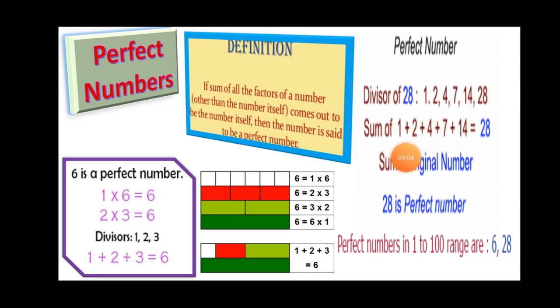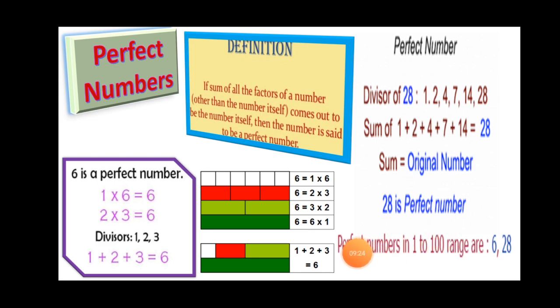So by adding all its factors, excluding the number from its factor list, we have got 28. Meaning when we took the sum of all its factors excluding the number itself from the factor list, we got the original number, that is 28.